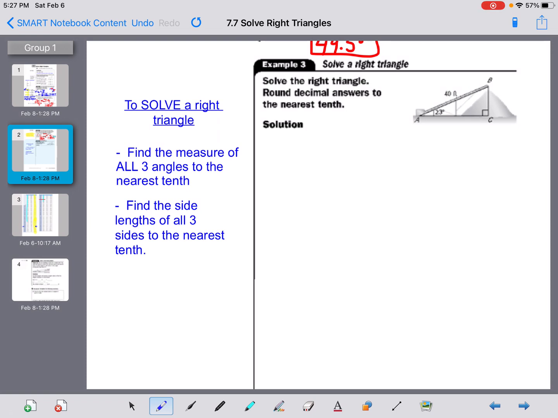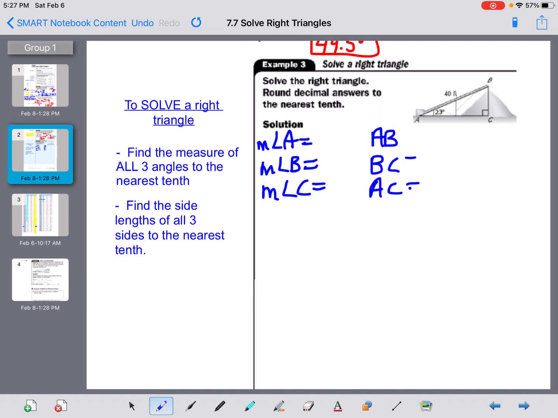Before I even start, you know what I'm going to do? I'm going to write down the measure of angle A, the measure of angle B, the measure of angle C, because those are the three angles I need. And then I need side AB, side BC, and side AC. Okay, those are my three sides.